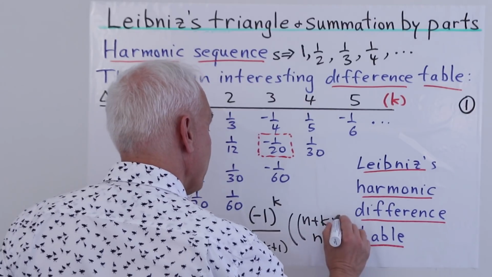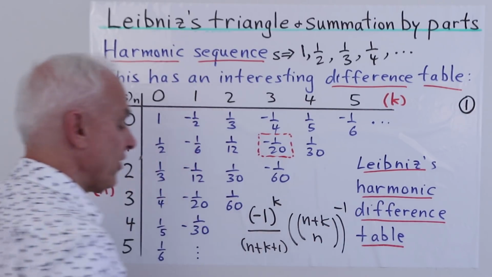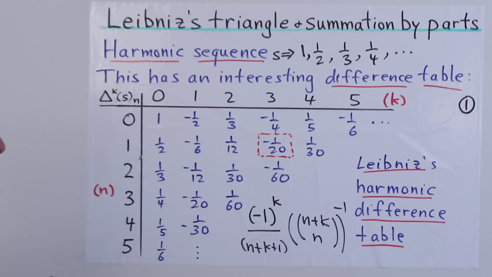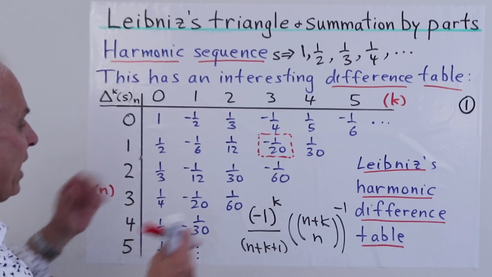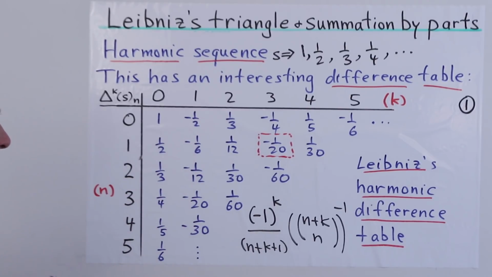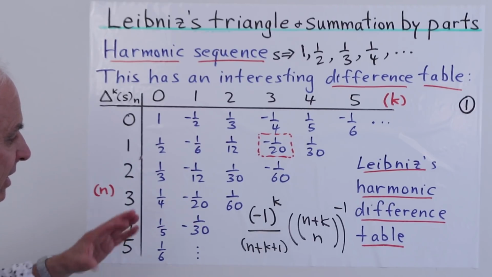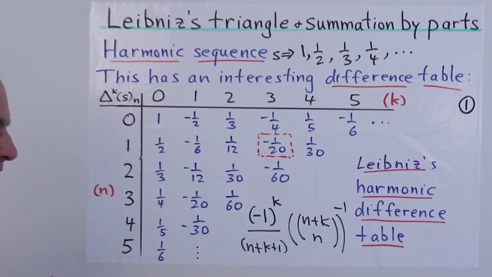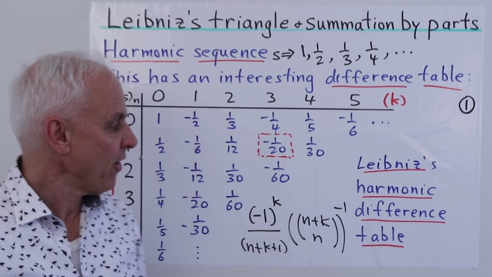Here's the binomial coefficient, and we should take its inverse because it's appearing in the denominator. So that looks like some kind of formula for the general entry of this table. It also makes clear that apart from the minus sign, there's a kind of symmetry between the n's and the k's. That's a very nice formula.